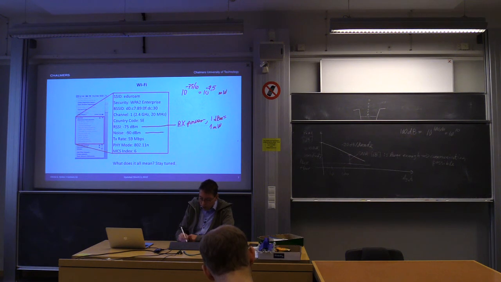The noise, however, luckily is much smaller. It's at minus 90 dBm, so this is 10 to the minus 9 milliwatts. So the SNR is the difference between these two numbers, minus 90 and minus 75. What is that? It's 15 dB, or 10 to the 1.5.